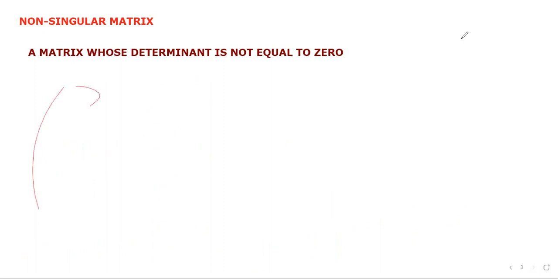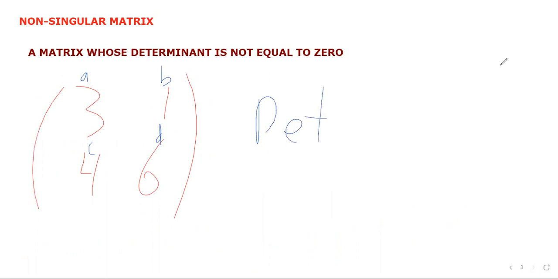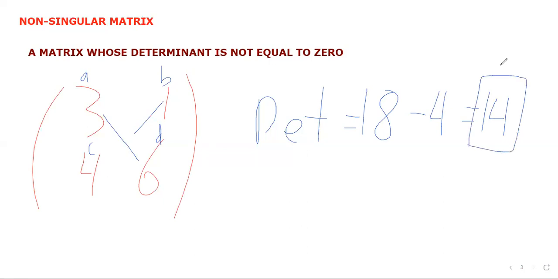If you have 3, 1, 4, 6, and you want to get the determinant of this, label it A, B, C, and D. The determinant would just equal AD, which is 3 by 6, 18, subtract B by C, which is 1 by 4, and you'll get 14. Since this determinant is not equal to 0, it'll be non-singular.